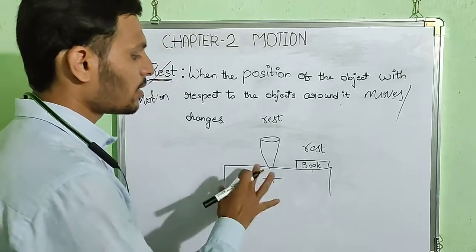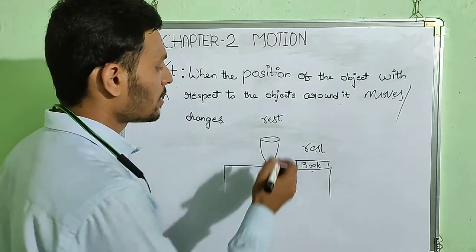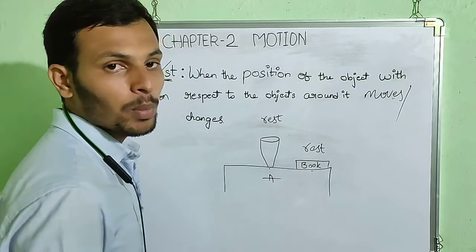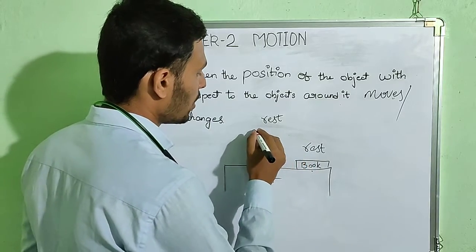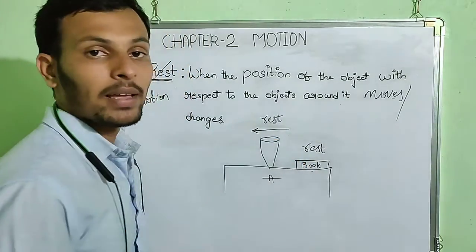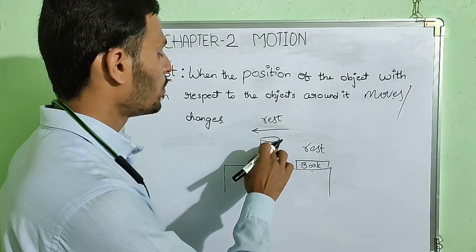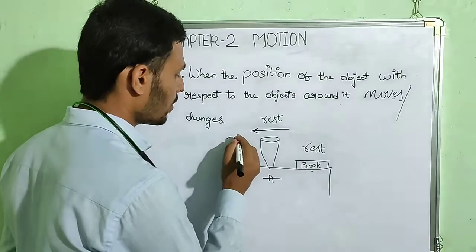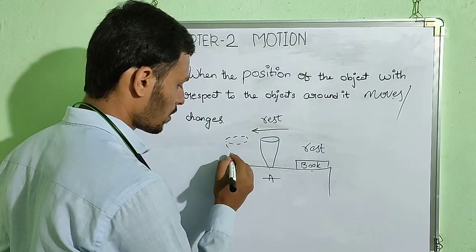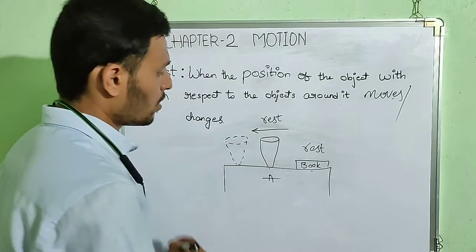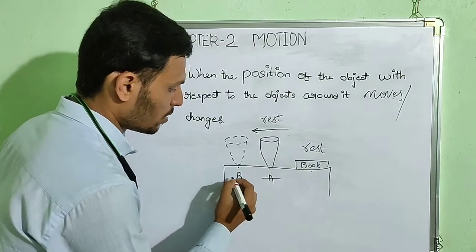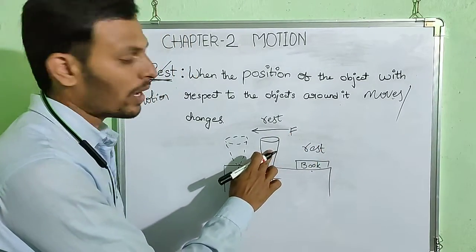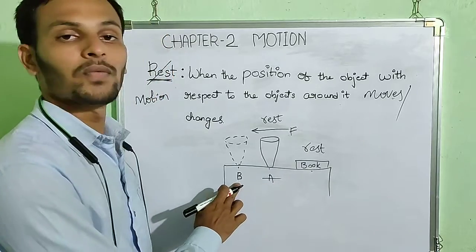Let us consider the same example. Let us consider I am applying a certain amount of force on the glass in this direction. So the glass is changing its position from the initial point over here, and it is moving to this point, position B. After applying force, the glass is moving from this initial point to this final point.